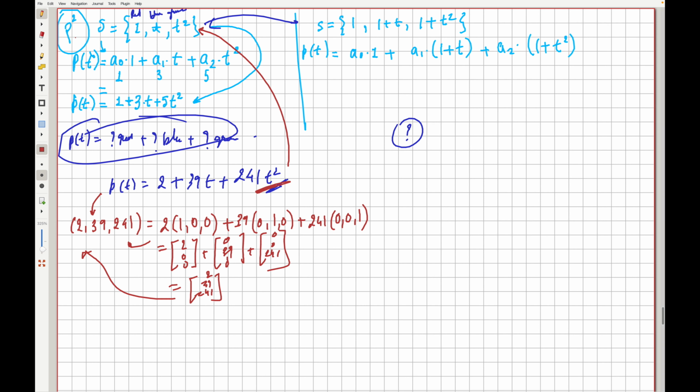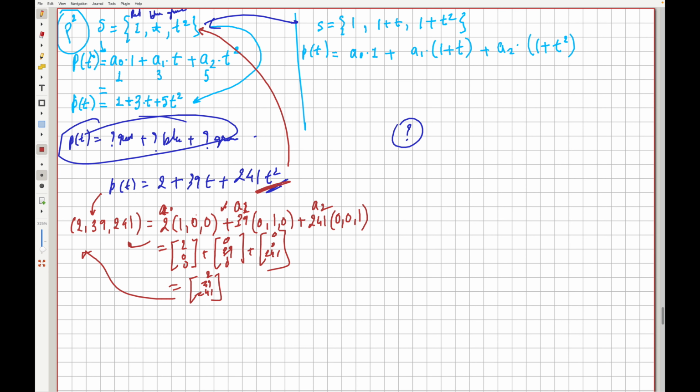If you are asking what is a in here and what is t, the a's are these values which we have: 2, 39, 241. So this is going to be our a0, this would be our a1, and this would be our a2.